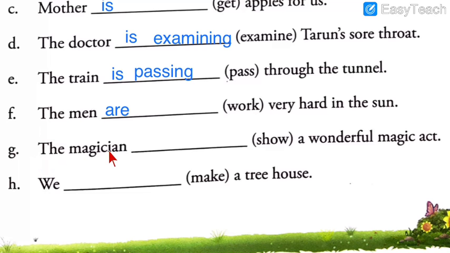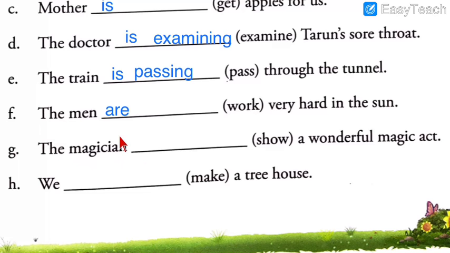Sentence G. The magician dashed a wonderful magic act. Show will become showing. Very simple. So can we just write the magician showing a wonderful magic act? No. Again they are talking only about one magician.